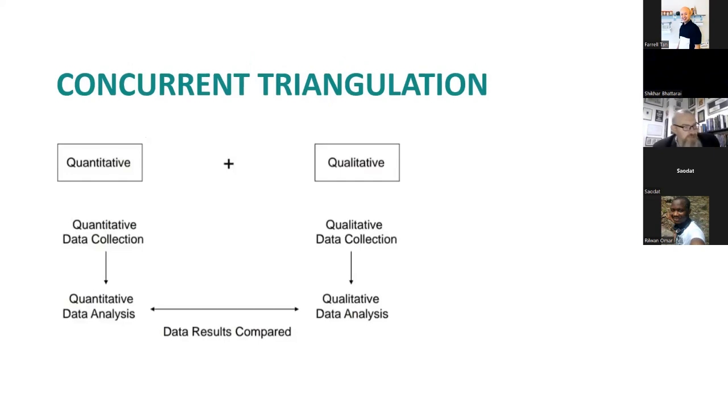The next one is concurrent triangulation. And this is similar. I mean, we're taking separate quantitative and qualitative. We're looking at the collection, we're analyzing it, and we're comparing the analysis at the same time. So there is some similarity, but it's not sort of cyclical in a sense.